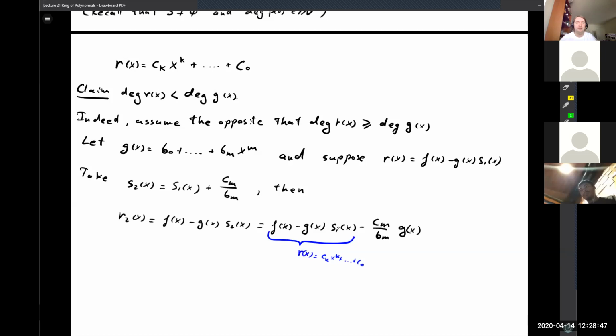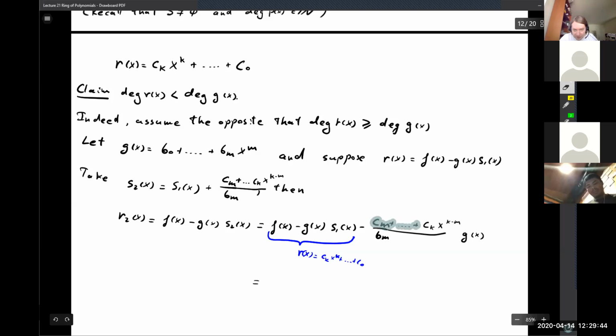And here we subtract C_k over B_m x^(k-m) multiplied by G of X. Sorry, that's what happens when you improvise. Let's just do this.